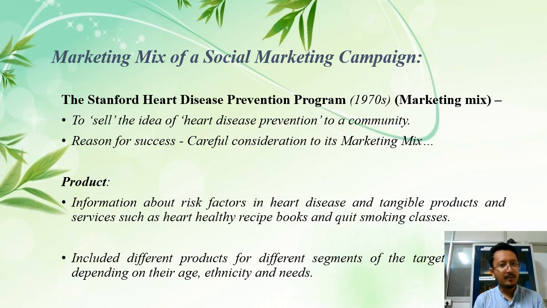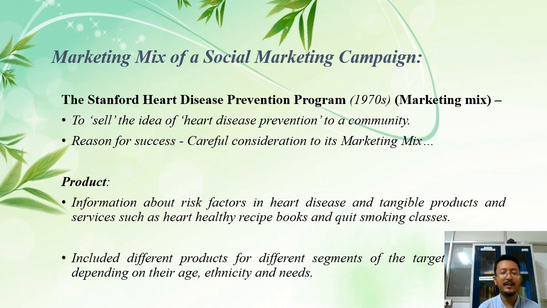So the tangible products in this particular campaign included the Heart Healthy recipe books and classes on quitting smoking, right? So it included both the tangible and intangible aspects of the product, correct?